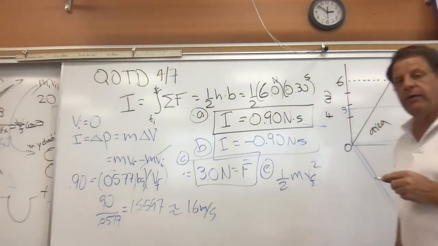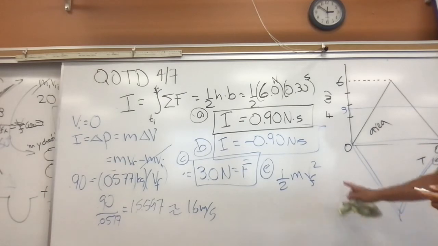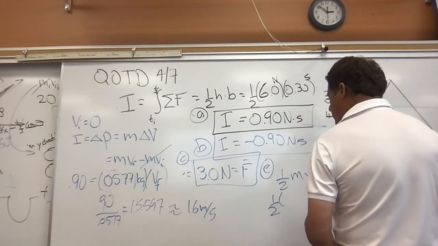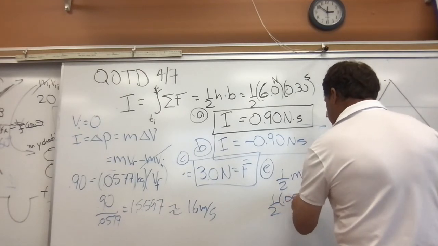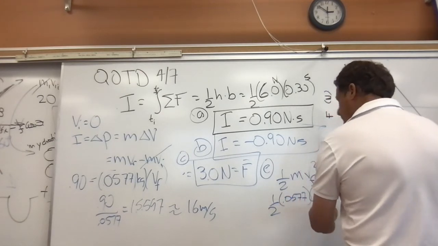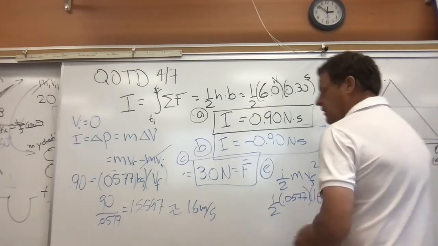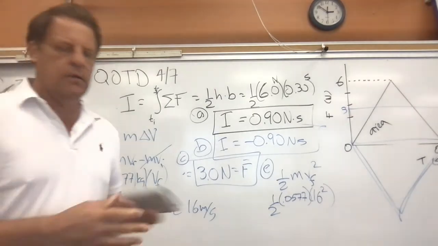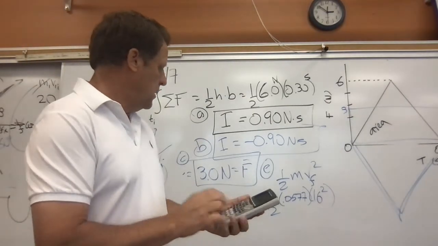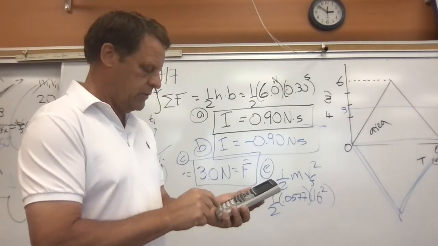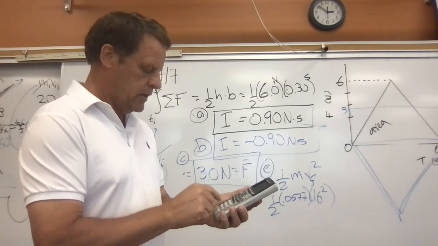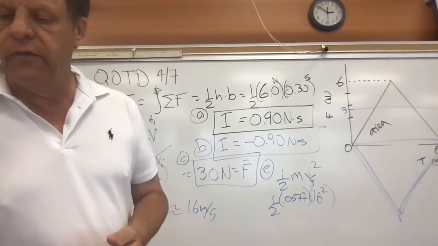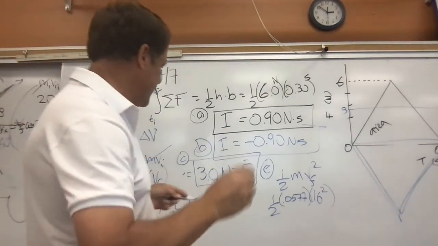And because the initial velocity is 0, we're just going to have 0.5 times 0.0577 times 16 squared, which is equal to 7.38.